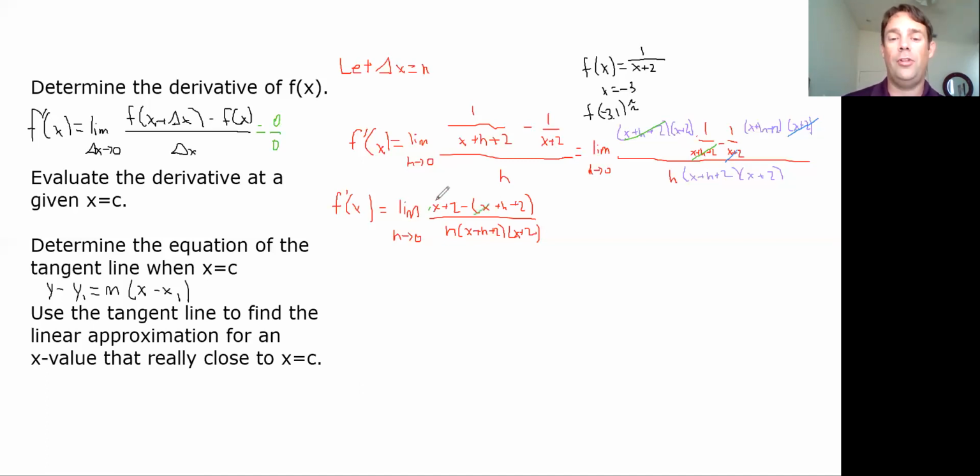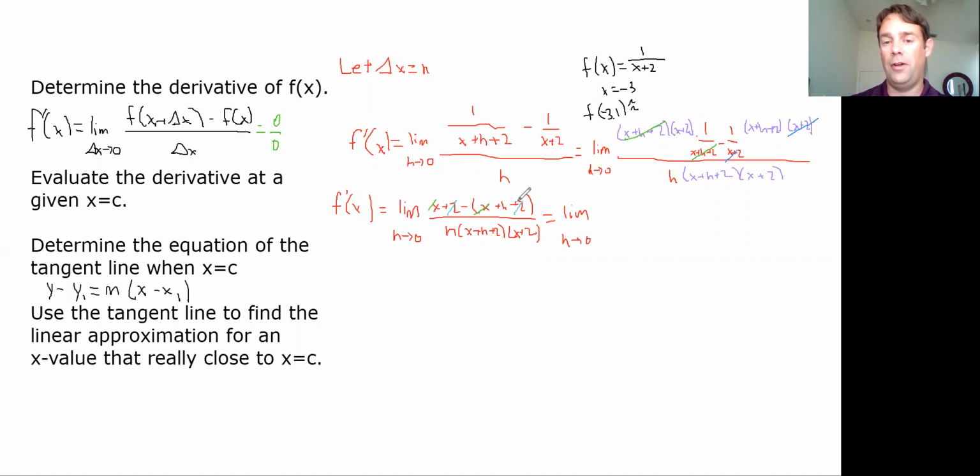We have the x's that cancel out. And again, if we did it right, everything besides an h will cancel out. So now I'm going to write this one more time because I want you to see what happened here. Because if we're not careful on this one, we're going to lose a sign.